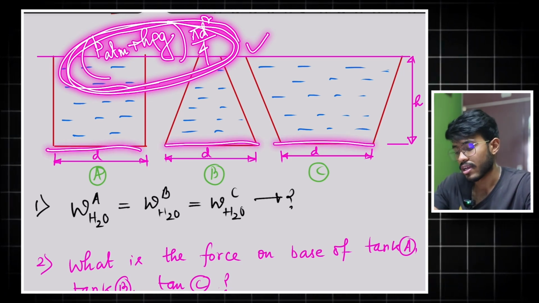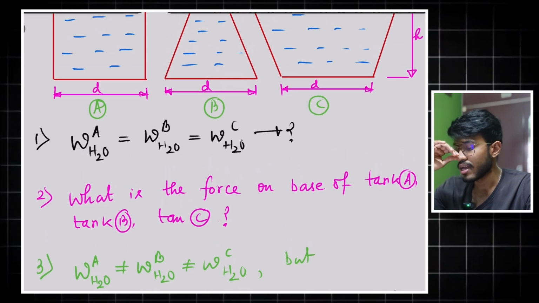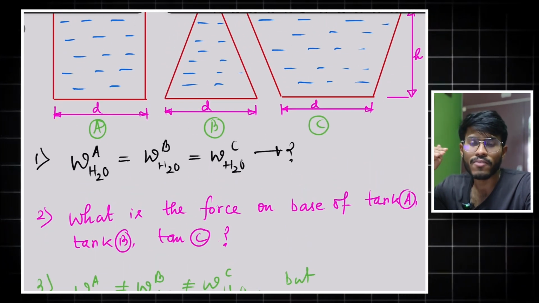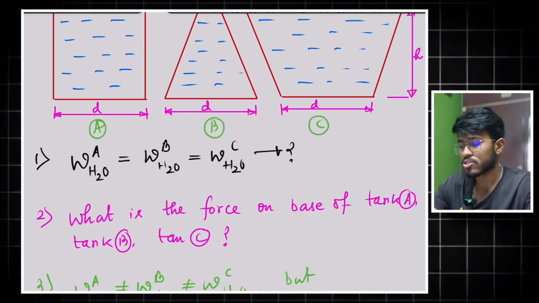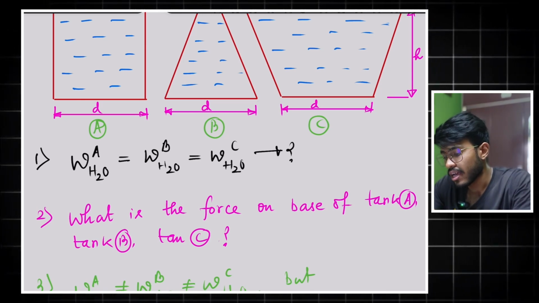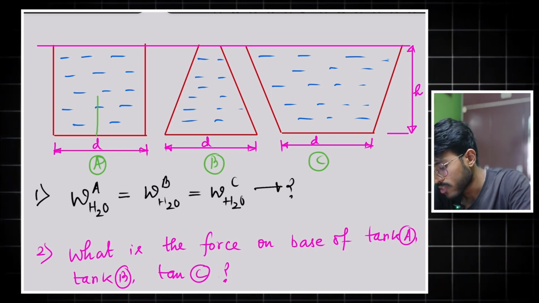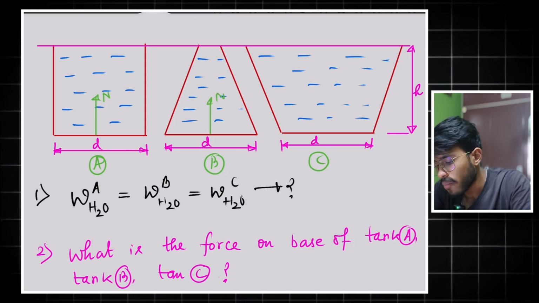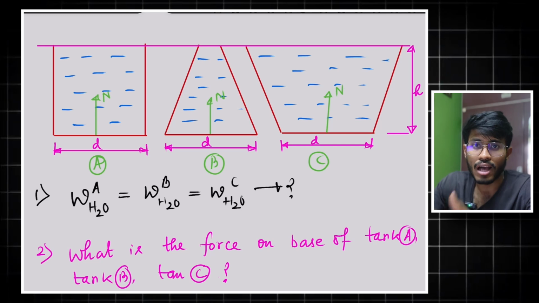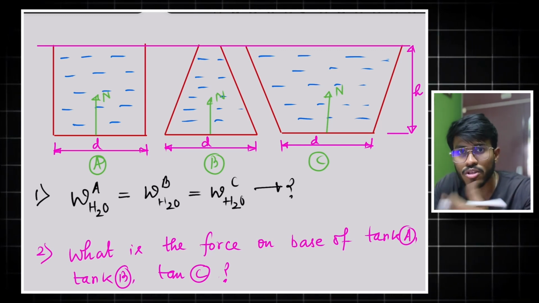Clear? Now, the third question is interesting. You have to answer what is the normal force given by the tank to the water. That is the force that is balancing the weight, right? So here the normal force is like this, N, here also N. And from Newton's third law, they will first ask what is the force given by the base of the tank to the water.